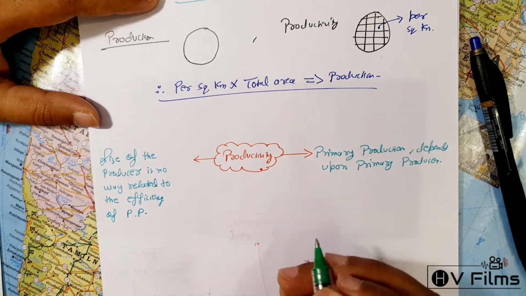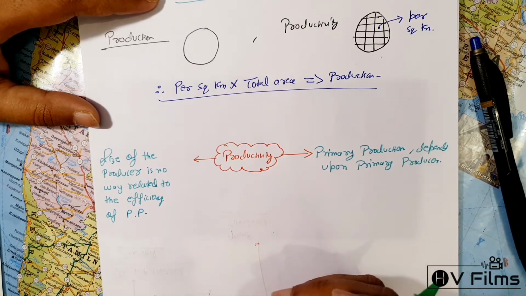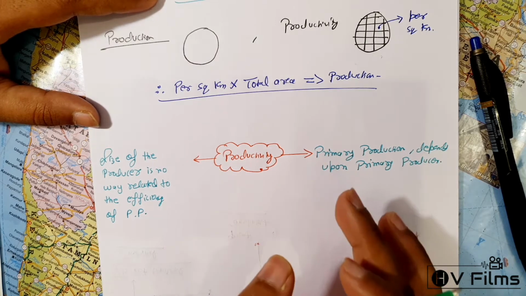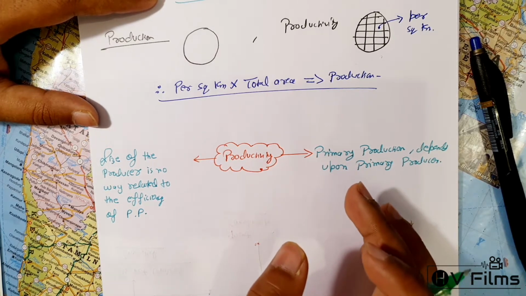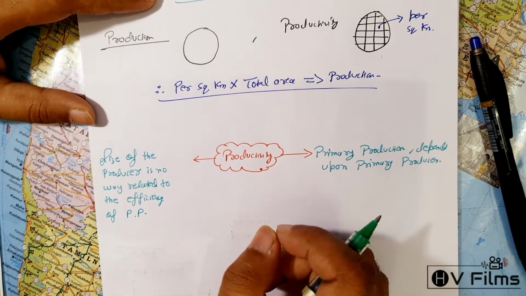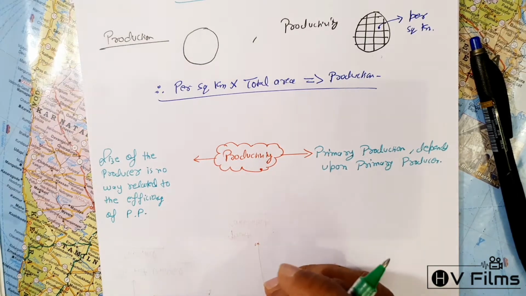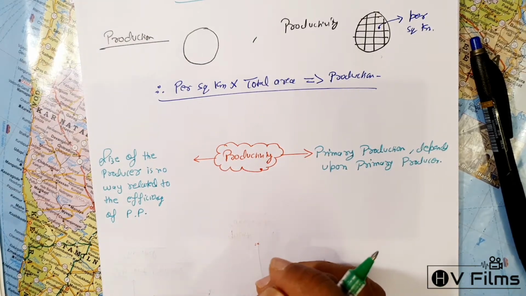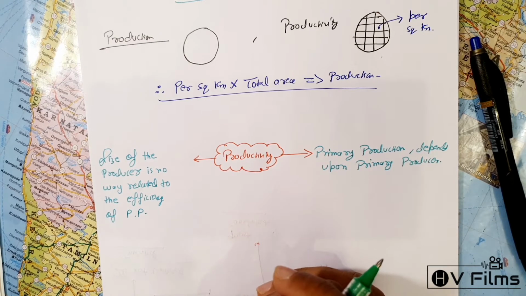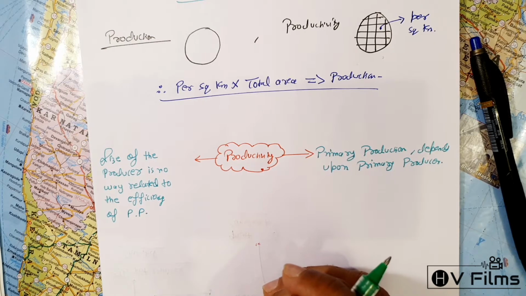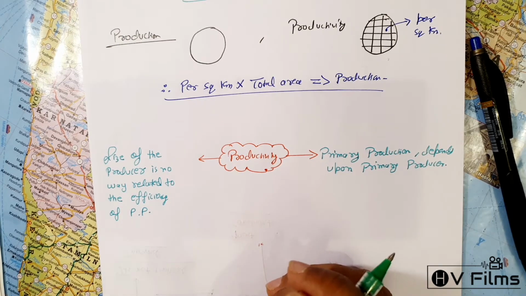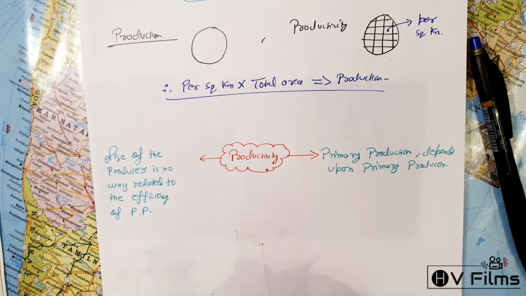I think you can understand this. Just imagine the hydrilla. Yes, I think that is a perfect example. Hydrilla stays under the water and does a lot more photosynthesis than a big giant tree on the surface. This is where we can say that the size of the producer is nowhere related to the efficiency of primary production.